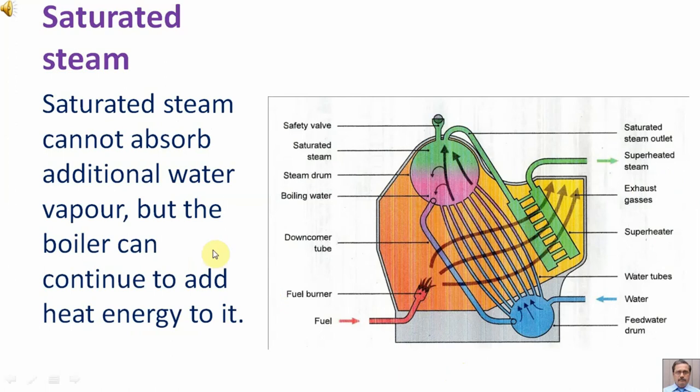Saturated steam cannot absorb additional water vapor, but the boiler can continue to add heat energy to it with the help of superheater. In this diagram, we can see that the saturated steam is coming to the superheater, and then output of the superheater is superheated steam.